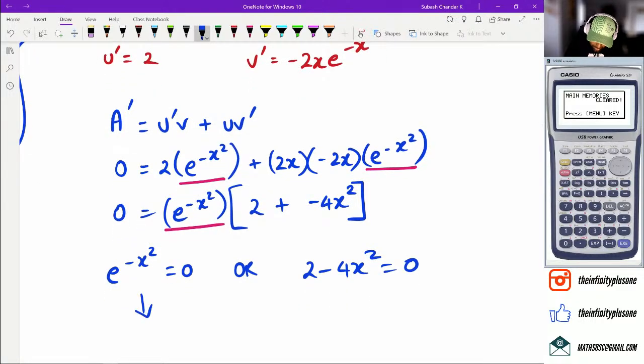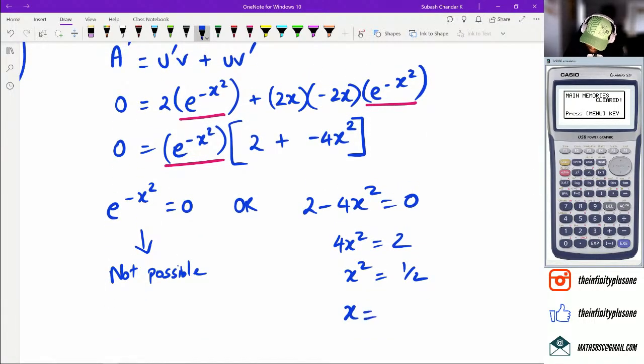Now in this case, the first is not possible, so we're going to ignore it completely. And in this case, we get 4x squared is equal to 2, x squared is equal to a half. Therefore, we can say that x is equal to plus or minus square root of half.